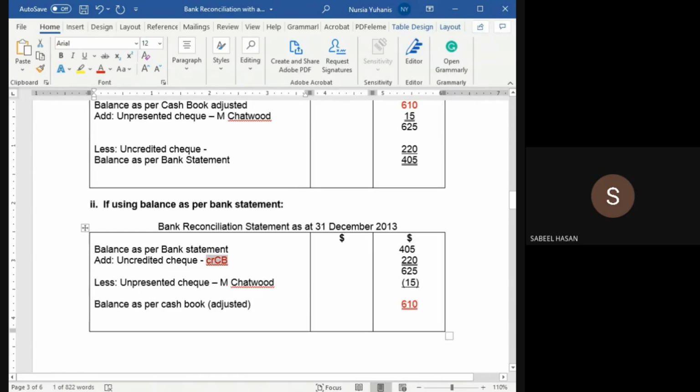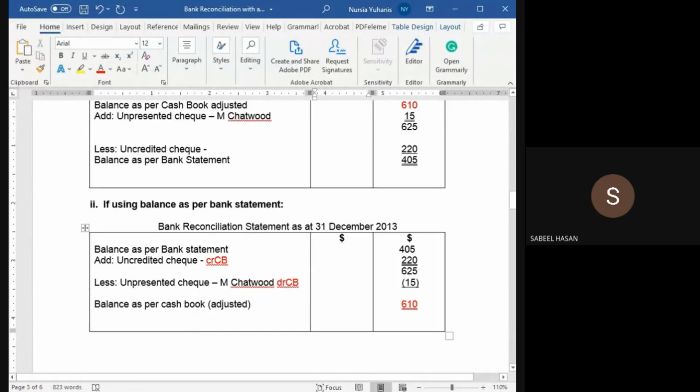If you start with your balance as per bank statement, you must add the uncredited check, and then minus the unpresented check. This one is on the debit side of your cash book. This one I put as red.